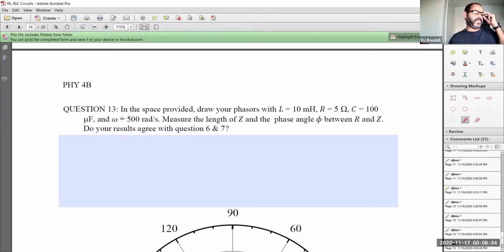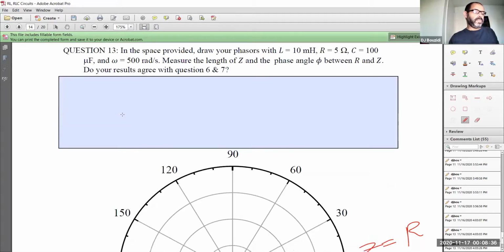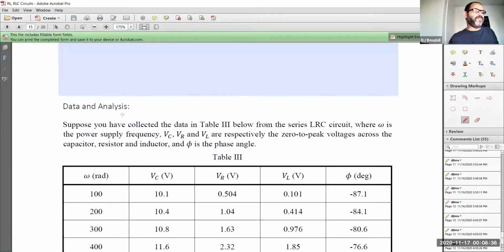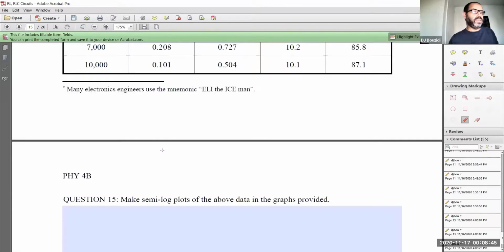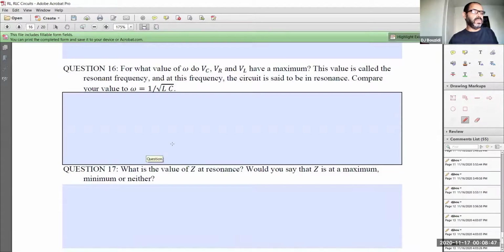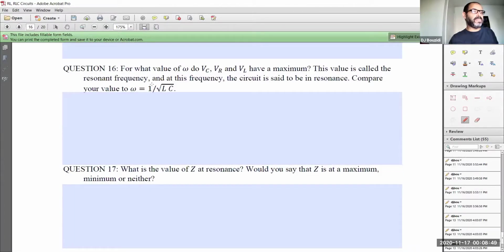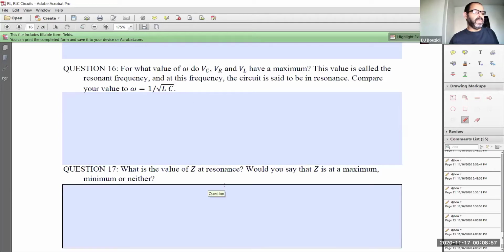It's not fixed, okay? So there is a value of omega that makes these things maximum. You're going to look at your data, and you should be able to find it. That's not hard. And you're going to compare that value that makes these voltages their best with this expression in here, for the natural frequency.